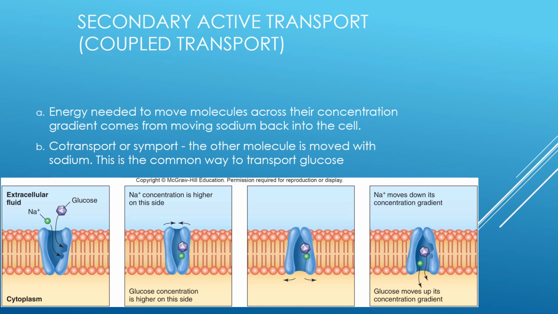Glucose has to move and bind with sodium into this carrier protein before it can enter into the cell. We see this a lot with digestion of materials, where for glucose to enter from the bloodstream into the cell, we need to have sodium as well for that to occur.